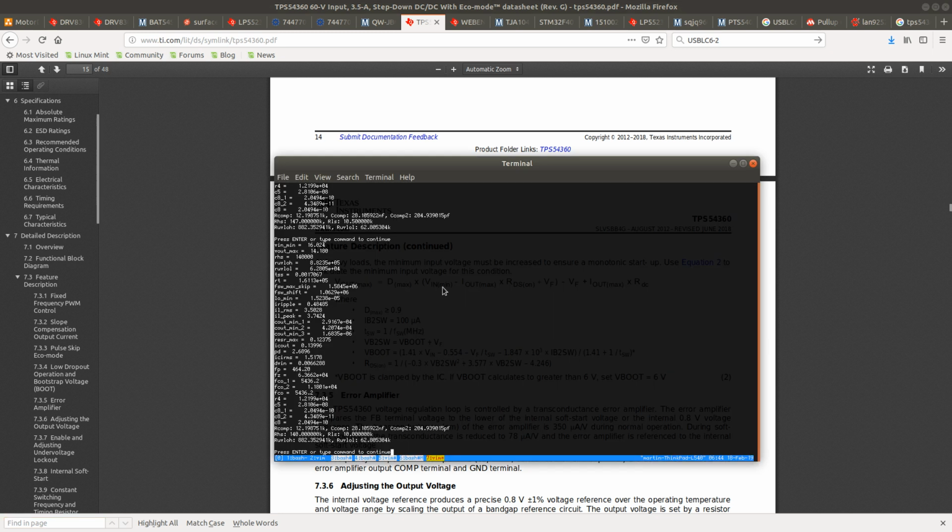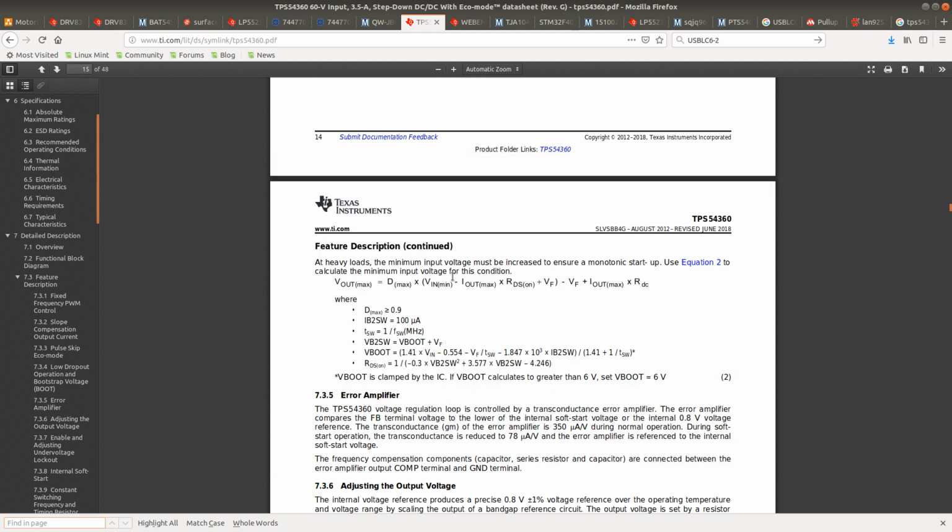And in this case, it's going to be slightly over 14 volts. And it also depends on the input voltage, on the minimum input voltage, on the maximum output current, and on the resistance of the internal MOSFET, as well as the diode voltage drop, and the DC resistance of the inductor as well.